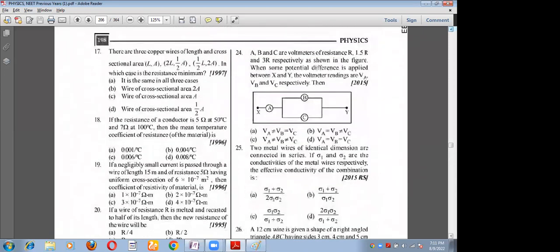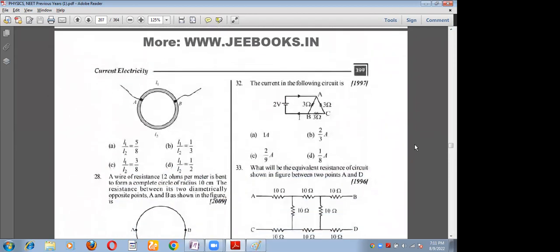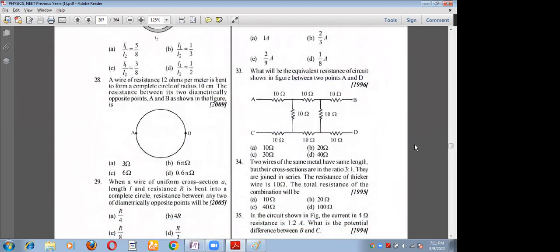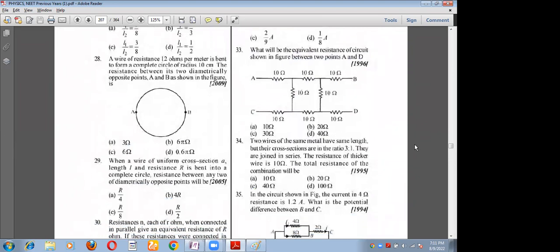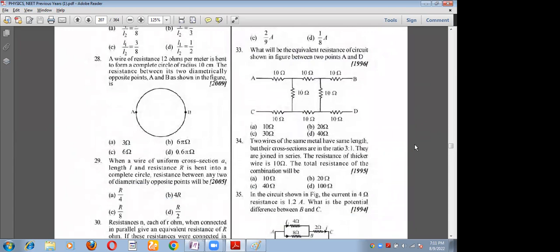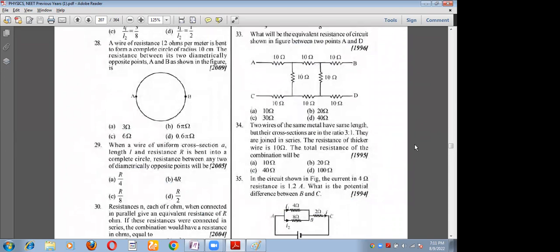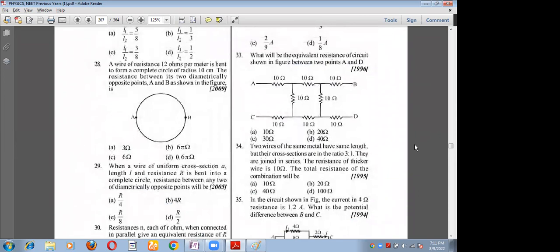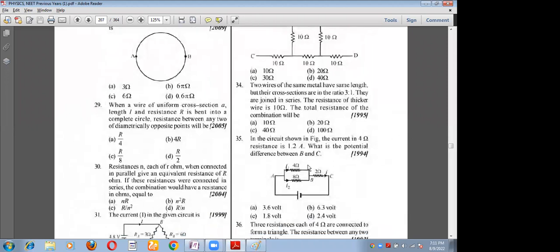Do this question number 20. Do this question number 29. Question number 29. Attempt this one.